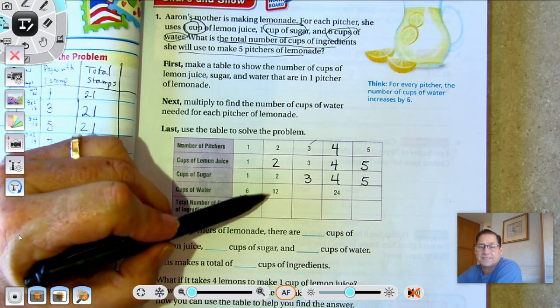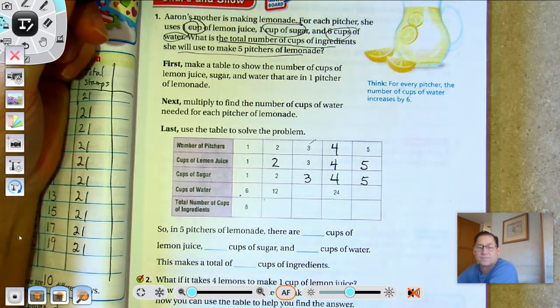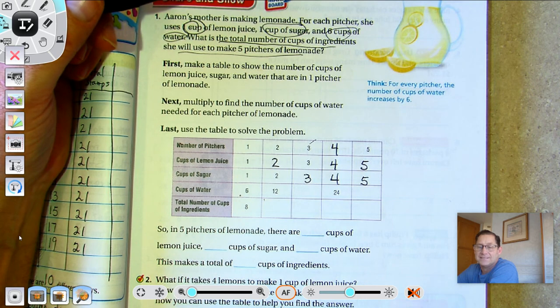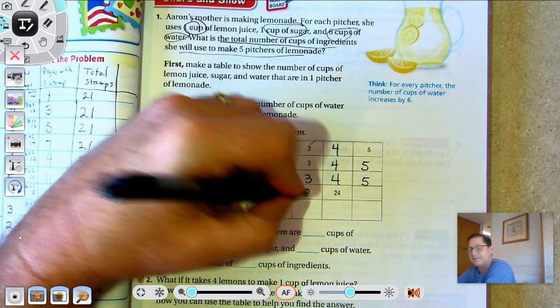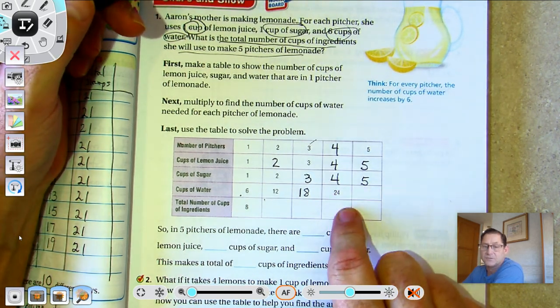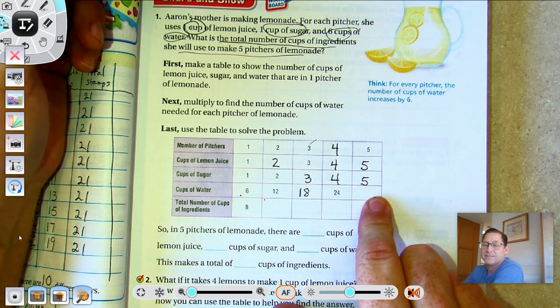So 2 times 6 is 12. 3 times 6, all we have to do is add 6 to the 12. 12 plus 6 is 18. 18 plus 6 is 24. 4 times 6 is 24. 6 sets of 5 or 5 sets of 6?